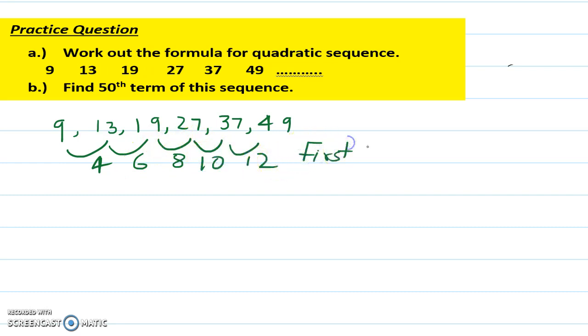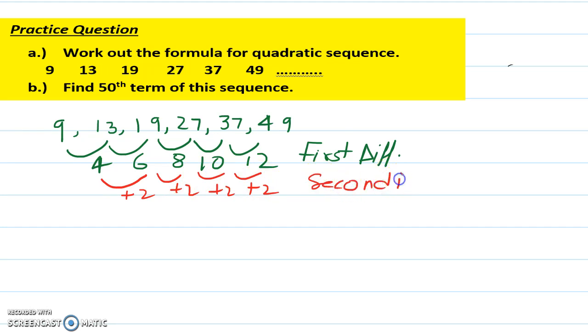Now, if you take the second difference, from 4 to 6 you are writing plus 2, then plus 2, then plus 2, and then plus 2. So this is your second difference. And the second difference gives you the value of A. So A is half of the second difference. Half times 2, that is 1. So it is 1x square.